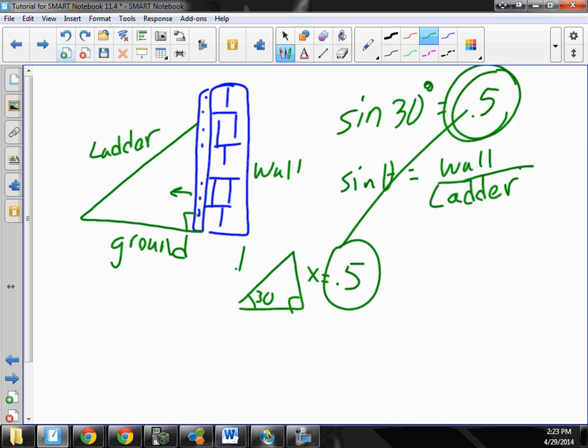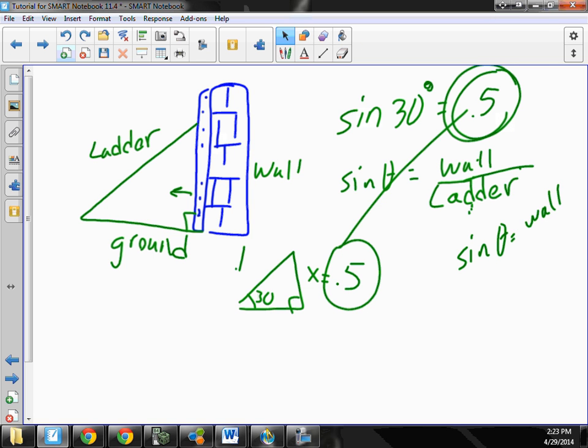Okay, are you unconfused now? Okay, I'm sorry. Wall over ladder. Well, if the ladder is 1, then wall over ladder is just wall, right? So when the ladder is 1, the sine of theta is the wall.